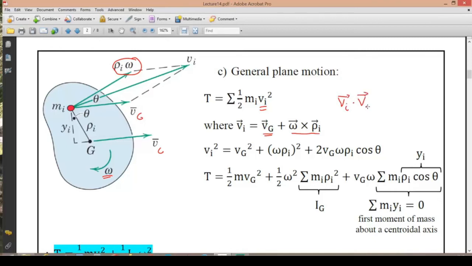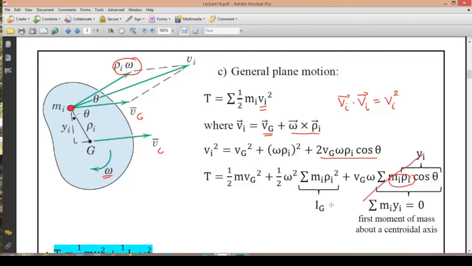Remember that in the dot product of vectors, you will get the scalar, right? This is a scalar, V_i squared. And if you work out this equation, now the last term here is actually the first moment about the mass center, and that is equal to 0.